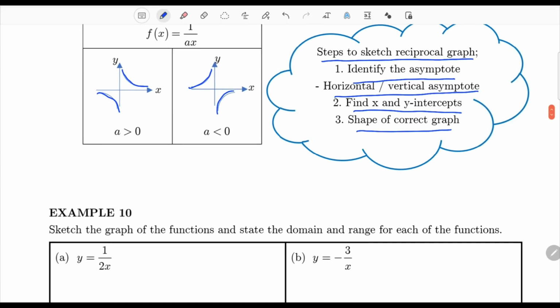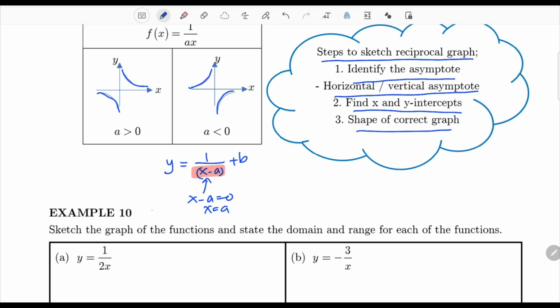So if you have y equal to 1 over x minus a, plus b, this is the secret. So you will get it from here. There's x minus a equals 0, so x equals a.